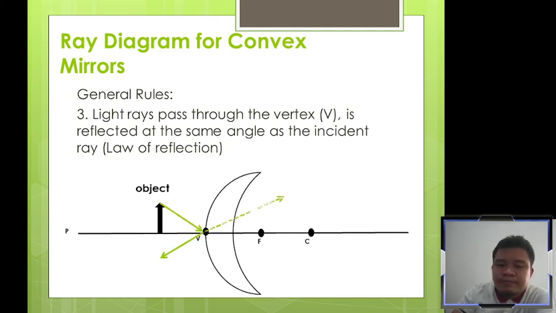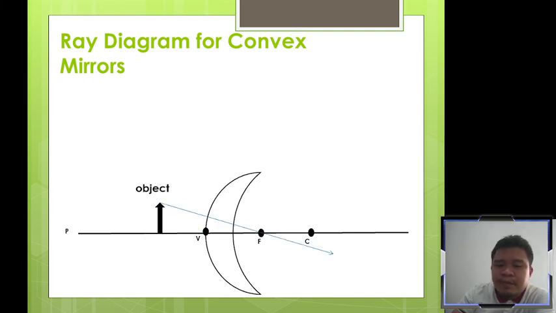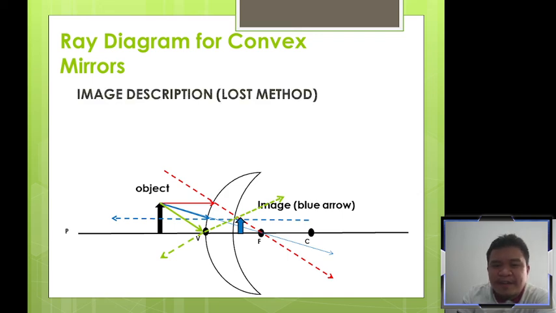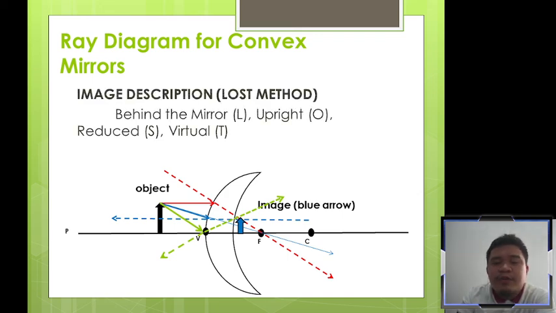There. Extend. Now, if we combine all these three rules, you will see that the reflection of the intersection of those reflected rays happens at that particular point, and that indicates our image formation for convex mirrors. Okay. Now the image formation here, how do we describe this? Behind the mirror, because it's as if the image is at the back of the mirror.